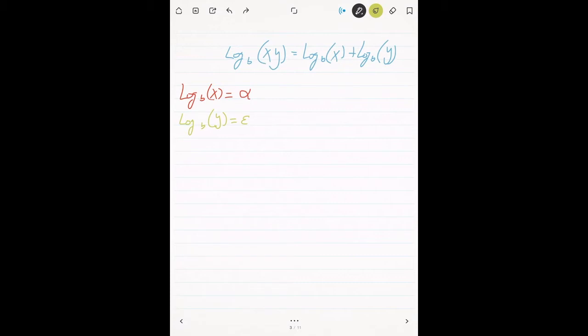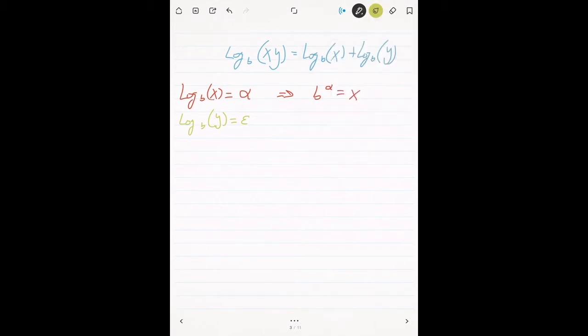Now, what I'd like to do for a minute here is I'd like to also rewrite these logarithmic expressions in terms of exponentials. For example, let's take log base b of x equaling alpha. This is the same thing as saying b to the alpha power equals x.